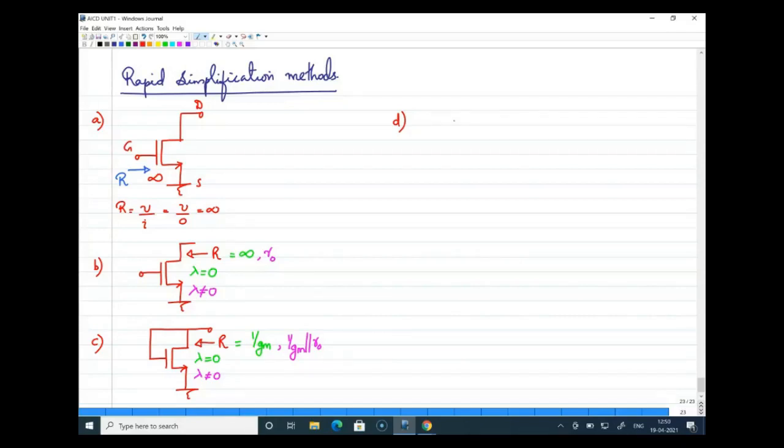One more combination: looking at the source, what is the impedance? Again, consider two cases, lambda equal to 0 and lambda not equal to 0. Looking at the source, drain and gate are suitably connected to some potential.